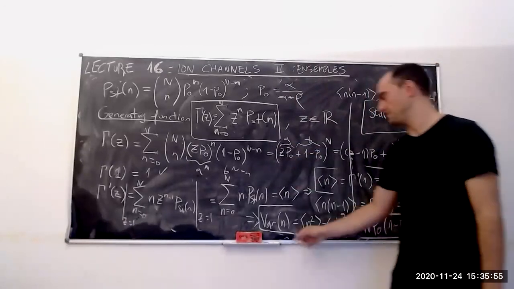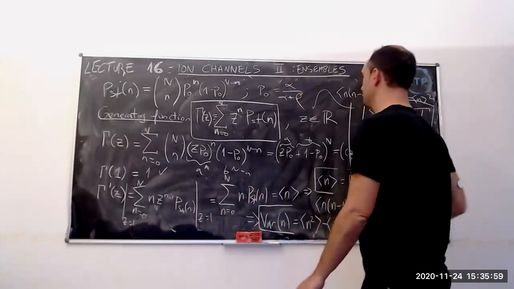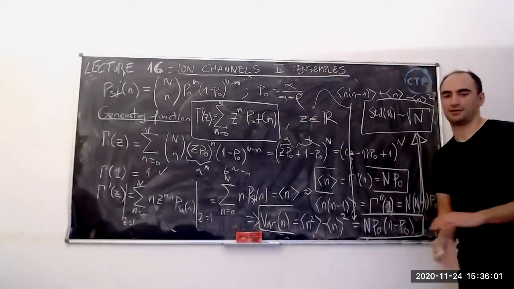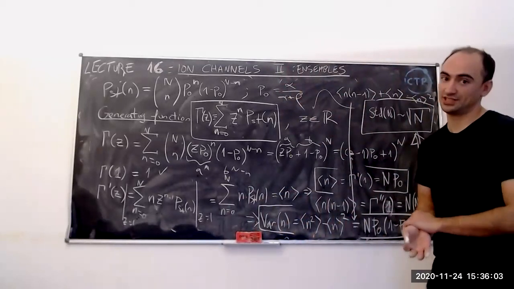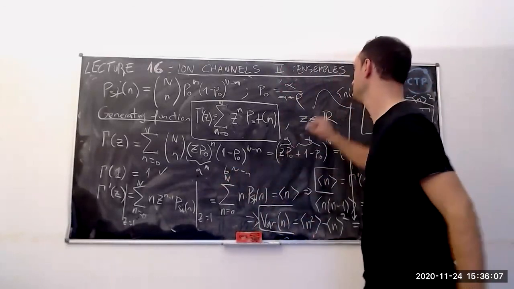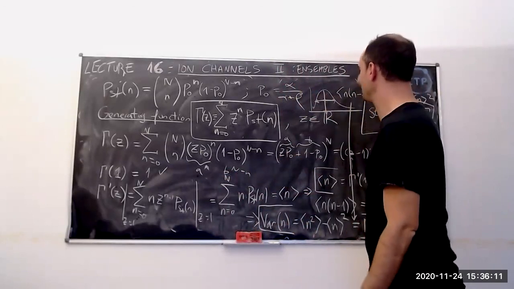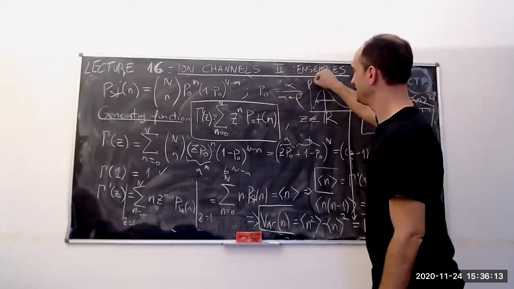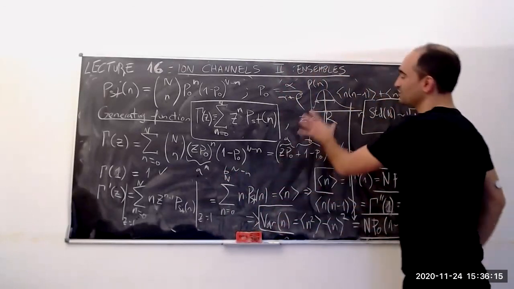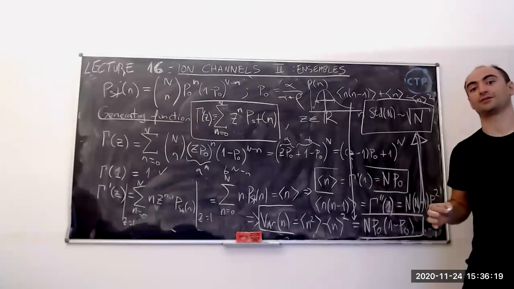I think the distribution looks like this, so it has some width. Of course, it's positive. It's not a Gaussian because it cannot have negative values. But there is an average value. This is n, and this is P of n. And this distribution will depend on what these alphas and betas are. It will change.